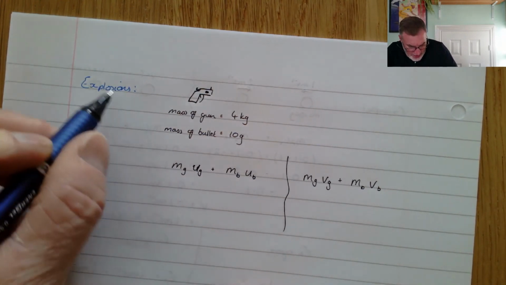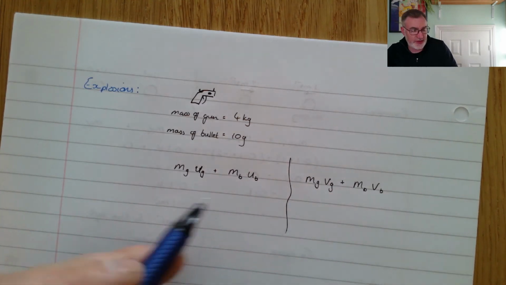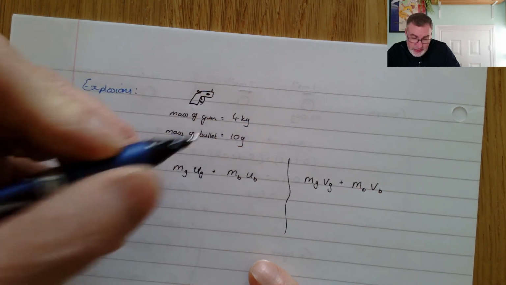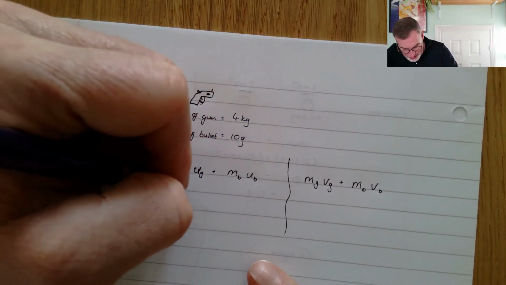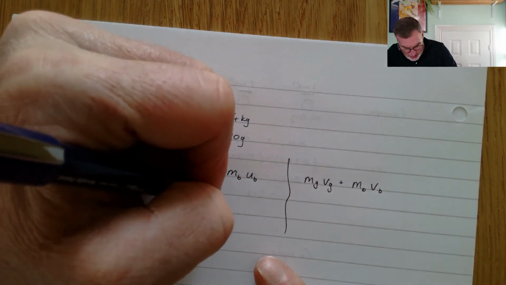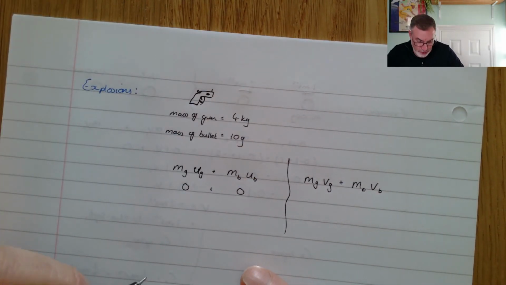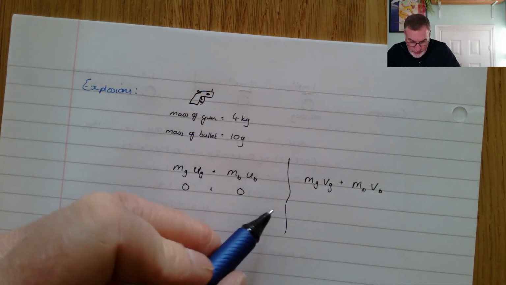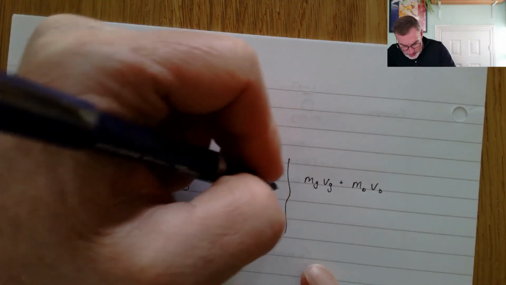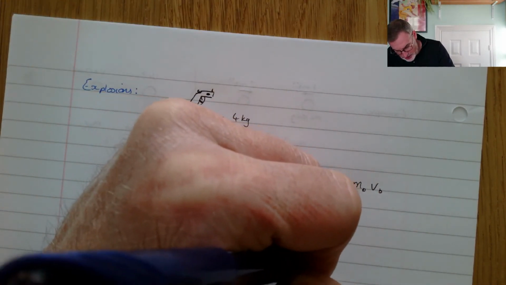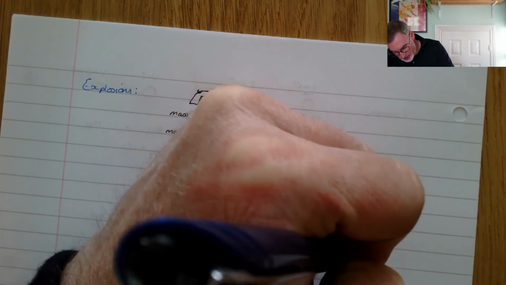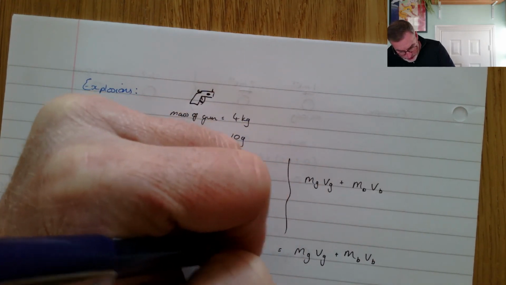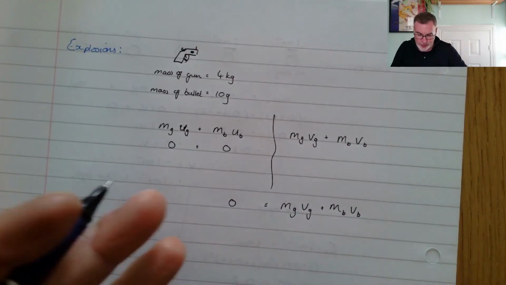We know that an explosion is a special case of momentum calculation. Because before the explosion the velocity is 0, the momentum of the gun is 0 and the momentum of the bullet is 0. The momentum before an explosion is always going to be equal to 0. So the mass of gun times velocity of gun plus mass of bullet times velocity of bullet will always equal 0. So the combined momentum after the explosion is always going to be 0.